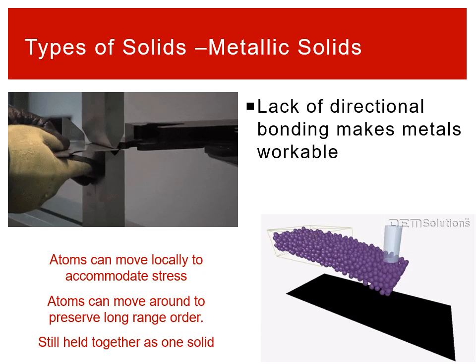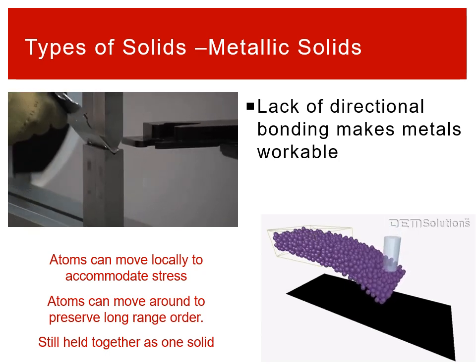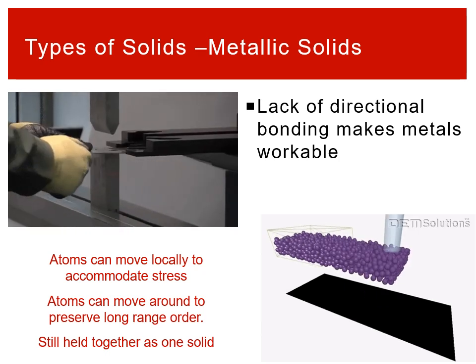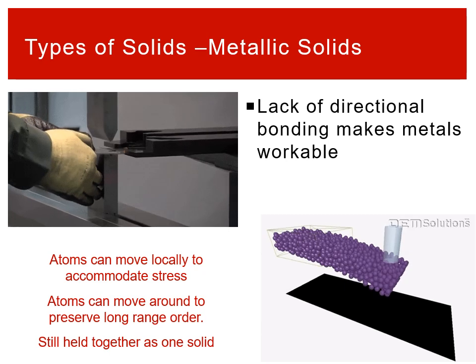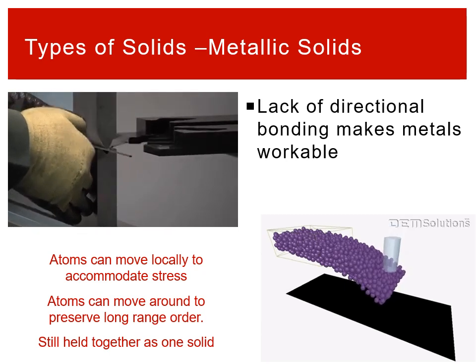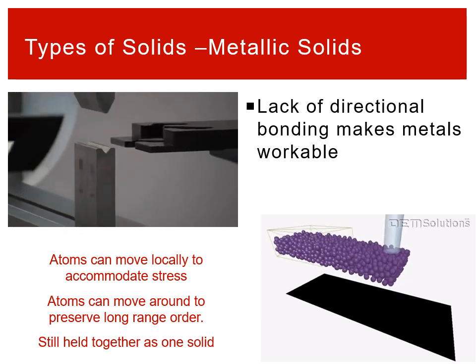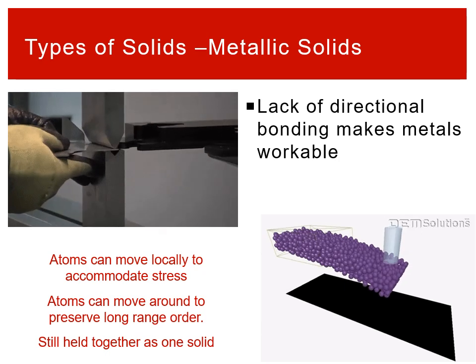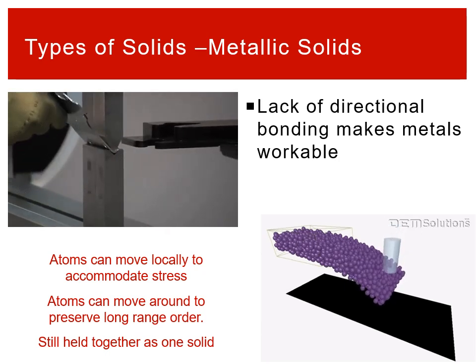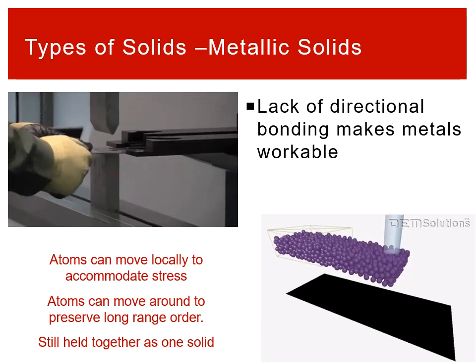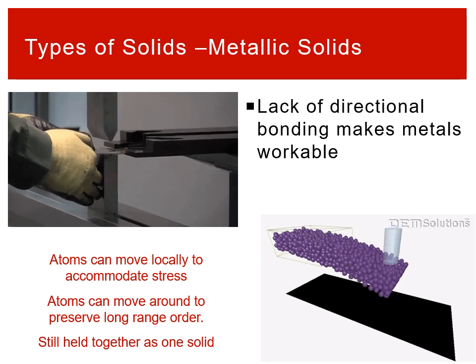And this comes from the atomic level that accommodates this. When you stress something, when you try to break a material or move it, you have to move atoms around. It's important that in metals, electrons aren't associated with particular atoms, and you don't have particular bonds between particular atoms.